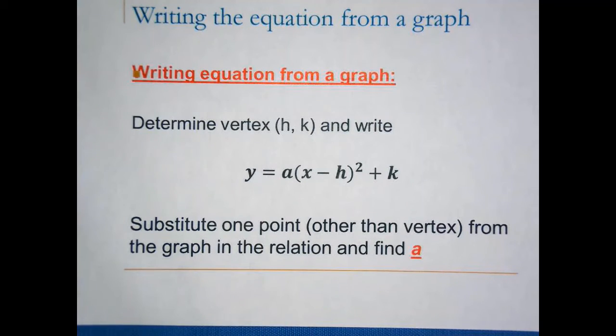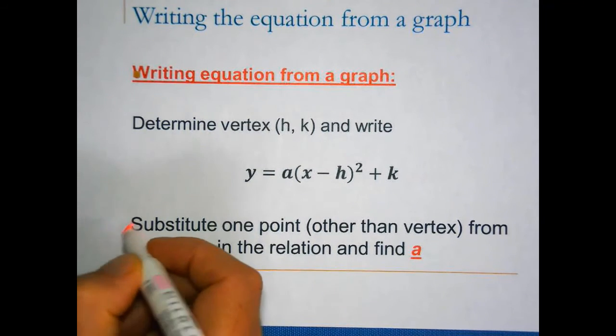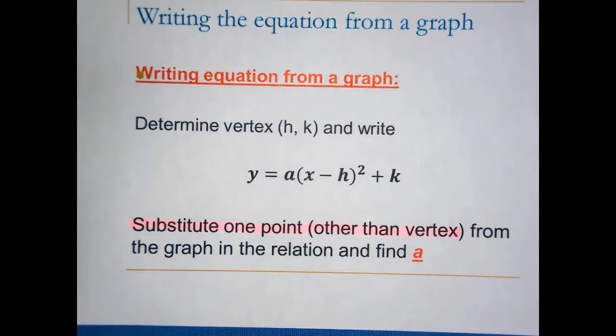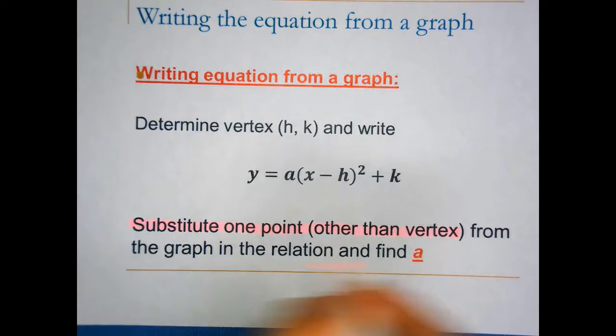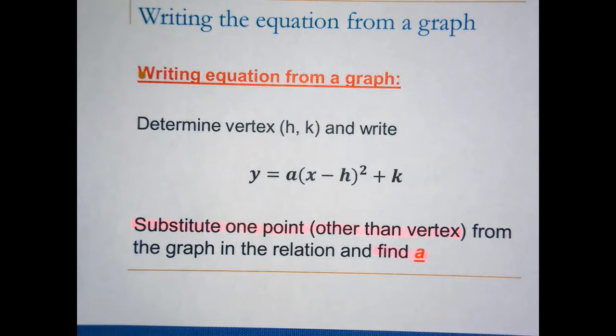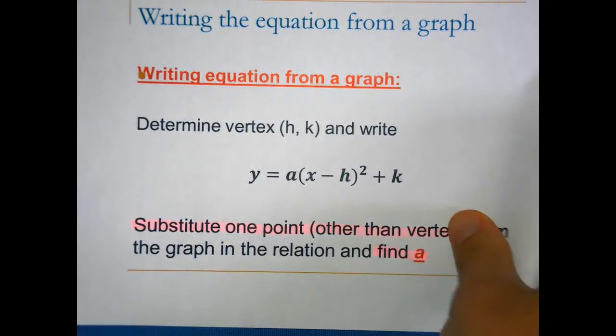In order to find a, we substitute one point from the graph, and typically it cannot be the vertex, anything other than the vertex. So we substitute one point other than the vertex in the equation, and then we find the a value. So I'm going to do a few examples here for you to see how this works.